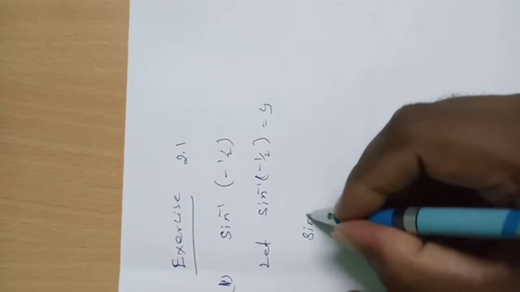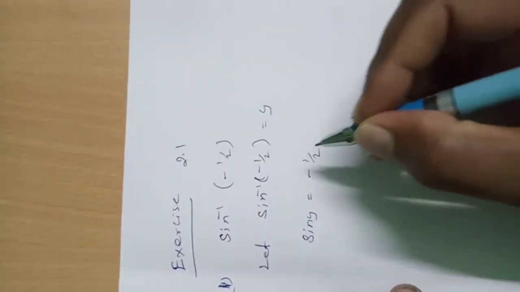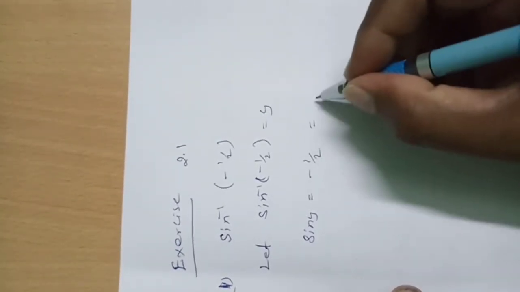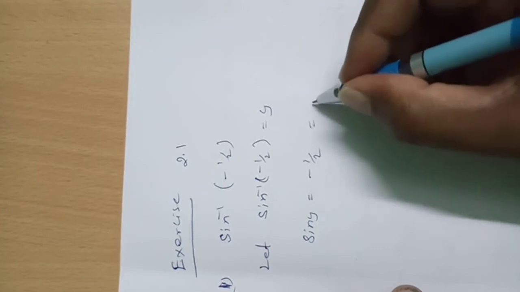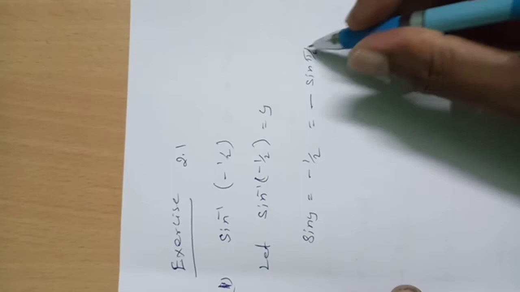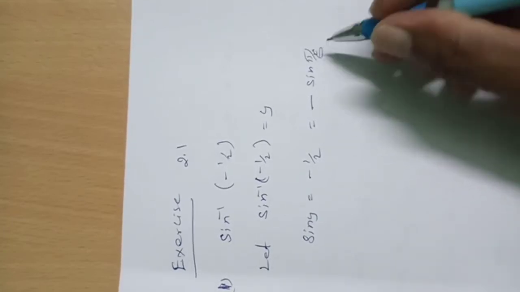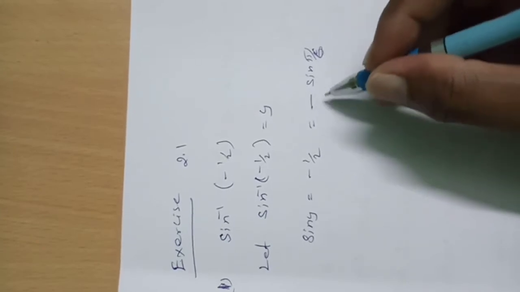So, transposing to the right-hand side, sine y is equal to minus 1 by 2. So minus 1 by 2 equals minus sine pi by 6, because sine pi by 6 is equal to 1 by 2, here with the minus.